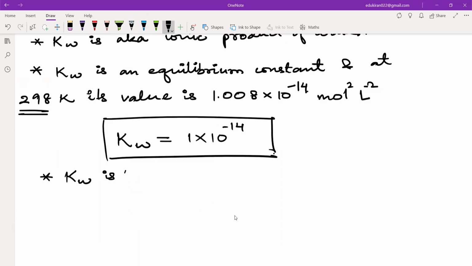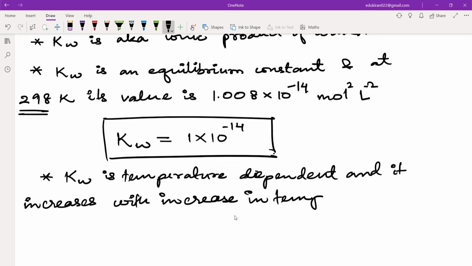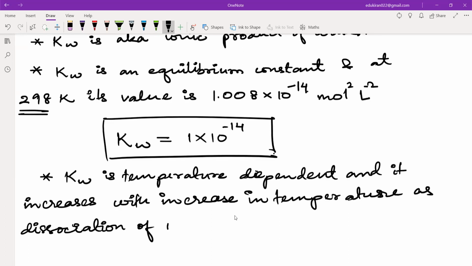Next point: Kw is temperature dependent, and it increases with an increase in temperature, as dissociation of water is endothermic.